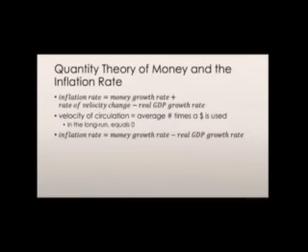But in the long run, the change in velocity of circulation equals 0. So in the long run, we can calculate the inflation rate as the money growth rate minus the real GDP growth rate. And normally, if you see any questions on your exams, you'll be given these values, so you just need to remember this equation, and you can simply calculate whichever variable is being asked of you.